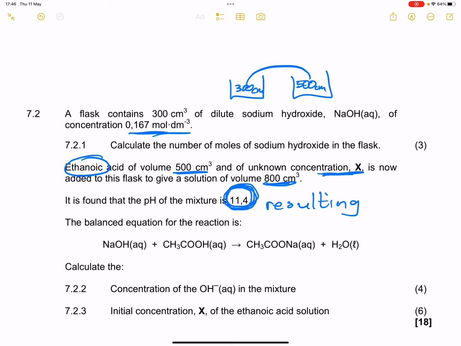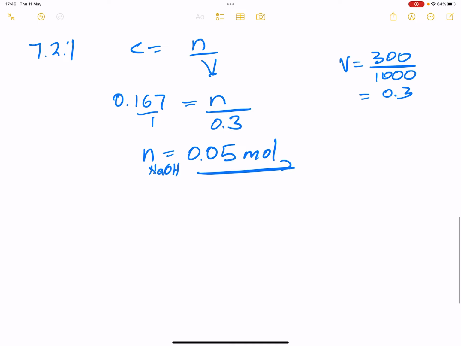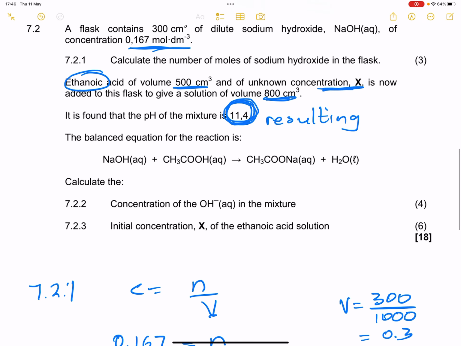Now they say the balanced equation for the reaction is given there, and they want us to calculate the concentration of hydroxide ions in the mixture. So what I'm going to do is use our definition for pH.